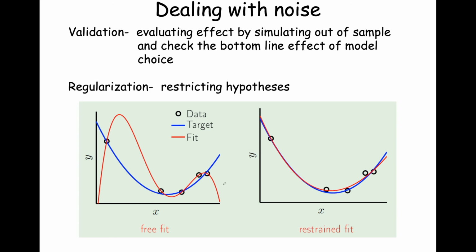But we see out-of-sample error, the difference between the red curve and the blue curve, is very, very big. But if we restricted this degree 4 polynomial to a degree 2 polynomial, we would get a red curve, a fit, that's more quadratic-like in its shape. Now, when it's quadratic-like, we see that in-sample error is non-zero. We've increased in-sample error.